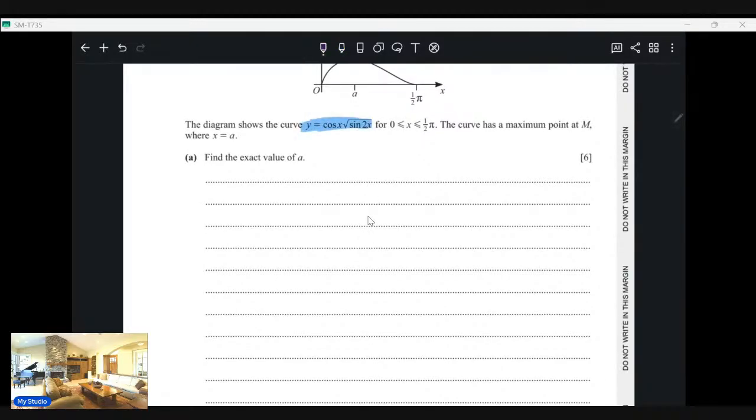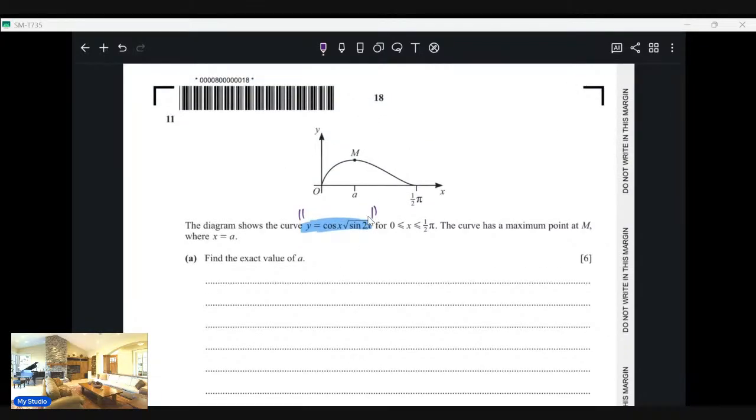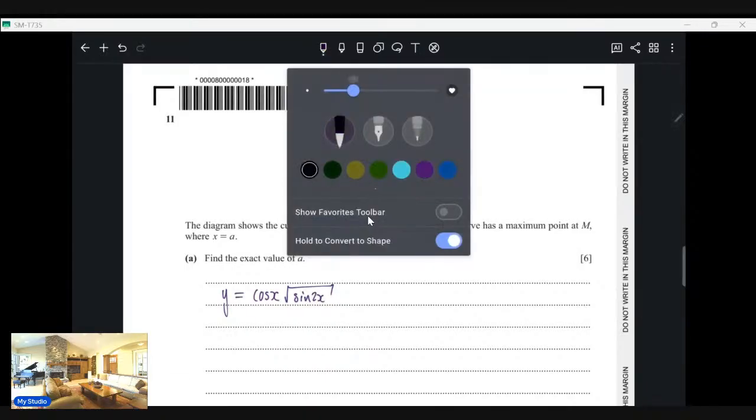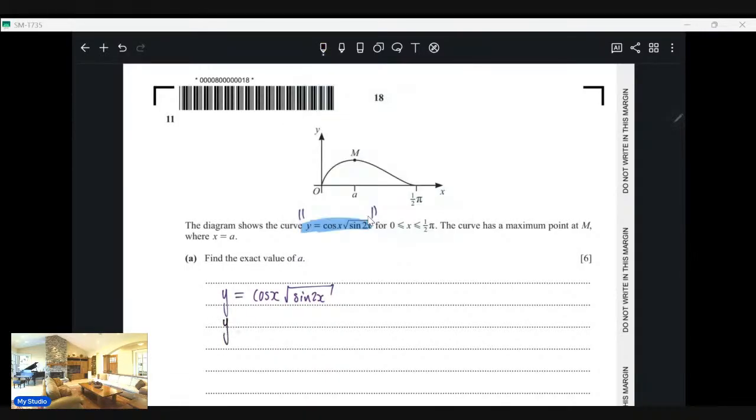I'll give you this as your assignment. Can you do this and send it to me, okay? Differentiate this, let's see. This is number 11. I'll give you a tip. y is cos x multiplying the square root of sine 2x. And you know that we don't differentiate anything with a square root. So before we start differentiation, you change the form. It should be sine 2x to the power half.